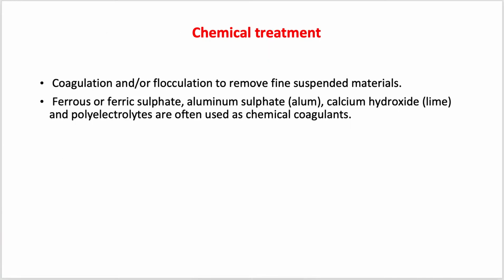Then chemical treatment: coagulation and/or flocculation to remove fine suspended materials. Chemical treatments are usually done with a coagulant or flocculant, for example ferrous or ferric sulfate, aluminum sulfate, calcium hydroxide, which means lime, and polyelectrolytes.